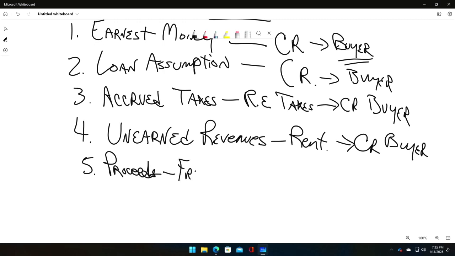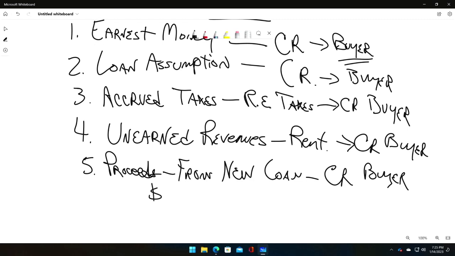From a new loan. So let's talk about that. If you as a buyer get a new loan for $500,000, that loan is considered a credit to the buyer. So don't forget that.